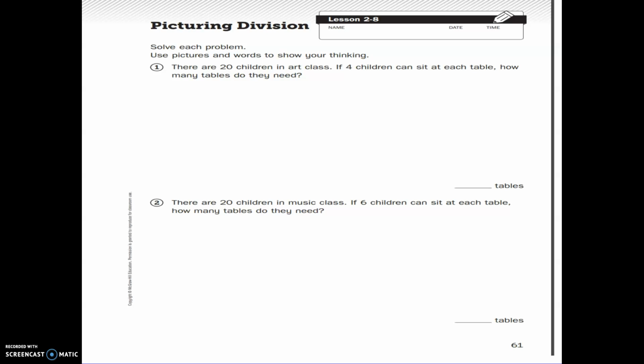There are 20 children in art class. If 4 children can sit at each table, how many tables do they need? The second problem. There are 20 children in music class. If 6 children can sit at each table, how many tables do they need?